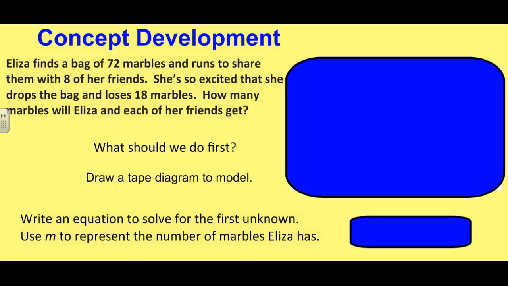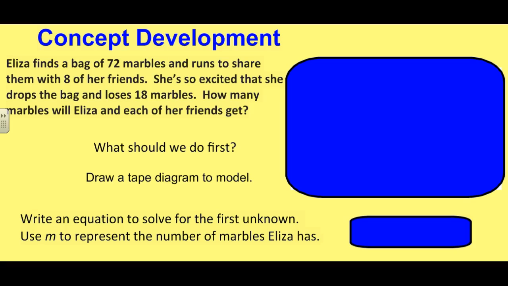But the second sentence of the problem says that she dropped the bag and lost 18 marbles. So she's not really taking 72 marbles and sharing them with herself and 8 friends because she's dropped 18. So we're not going to be using 72 and 9 in our first equation because she's not going to have 72 marbles to share.